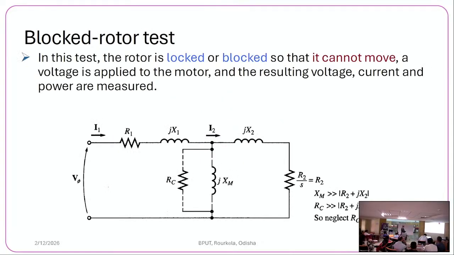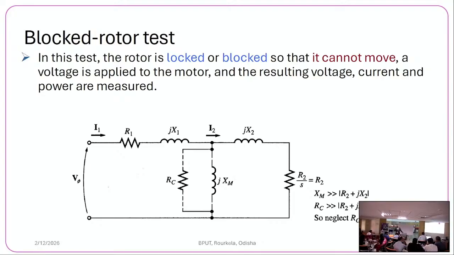Then the block rotor test, as I have mentioned: the rotor is blocked, stands still, not rotating. So slip is 1, and slip is 1 means current is maximum, so I square R losses are predominant. In the block rotor test, we always start from 0 voltage.